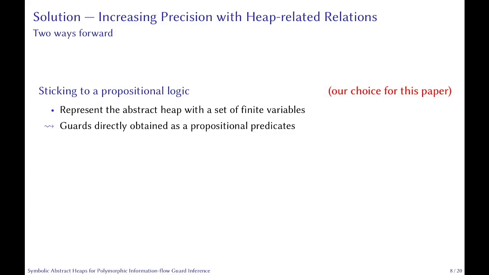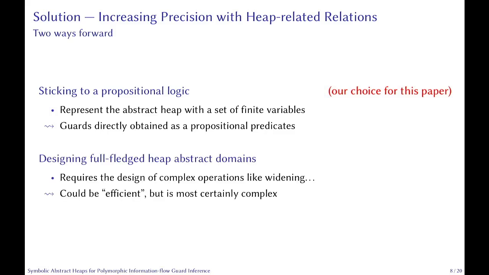And we obtain the same kind of guards as I've been showing in the previous slide. The other choice would have been to design a full-fledged abstract domain in the abstract interpretation style. But in this case, and we'll see a bit later why it's more complicated, we would have had a few issues with definitions of some of the operations.